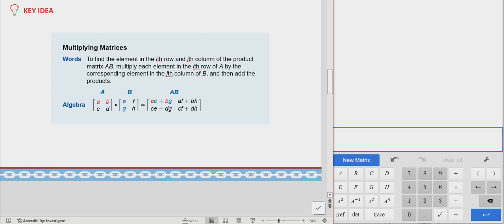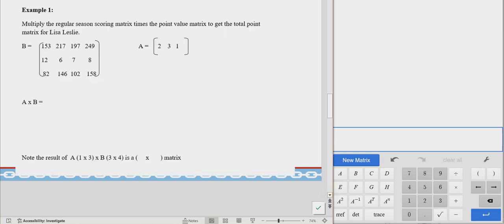So here is the process of multiplying 2 matrices. Once I confirm that, yes, I can multiply them, we're going to multiply the terms of the top row of matrix A by the elements of the first column of matrix B. So looking here, if I am asked to multiply A times B, first I need to confirm, can I do A times B?